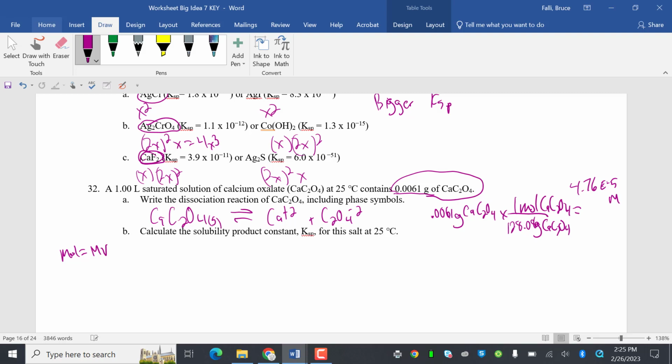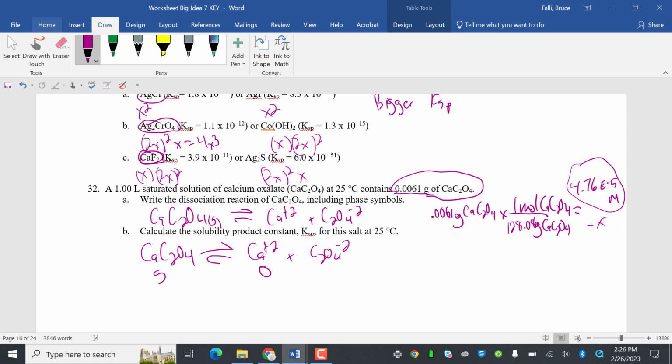Okay, so I got that in molarity now. And remember, that's what minus X is. So this is going to be my minus X because that's molar solubility. CaC2O4 is in equilibrium with Ca2+ plus C2O4 2-. So I have some, 0, 0.